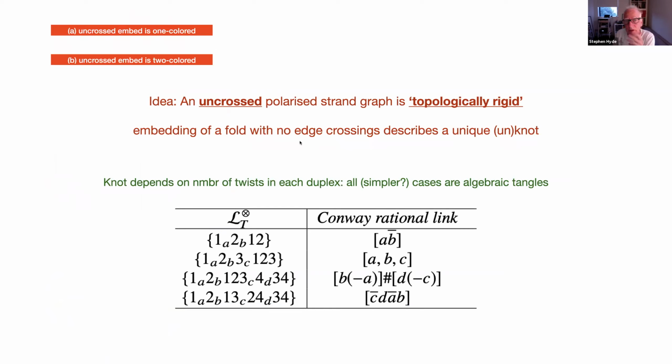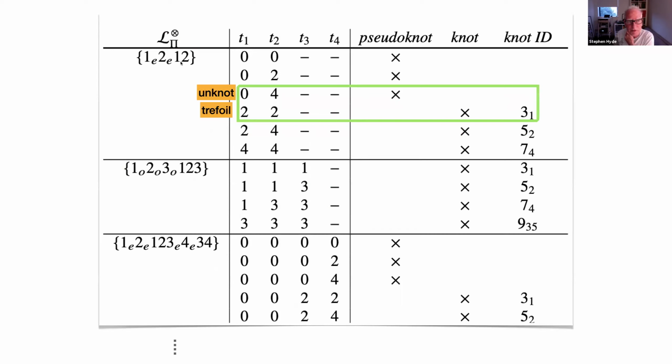So now we can just write down a table where if I have a fold, for example, with this label, and if I know what its twists are, so this is twist 1 and this is twist 2, if it's got no crossings, they both have to be even, so they can only be 0, 2, 4, and so on. So you can keep on going forever. But if I just go through the combinatorics, if I have 0, 0, then it's what I'll call a pseudo knot or the unknot. 0, 2 is the unknot, 0, 4 is the unknot.